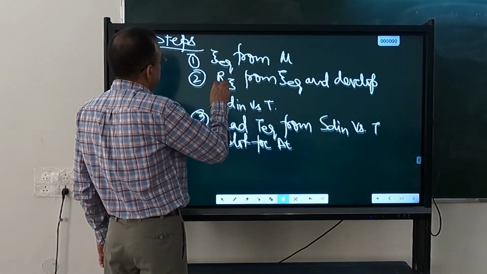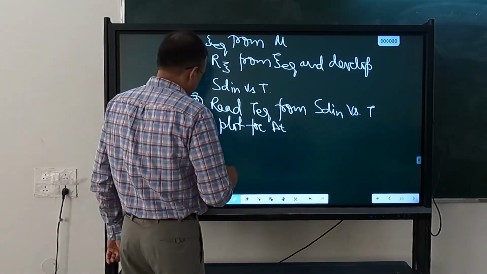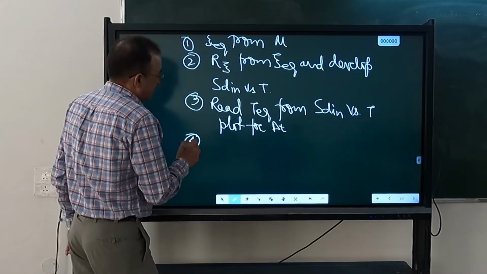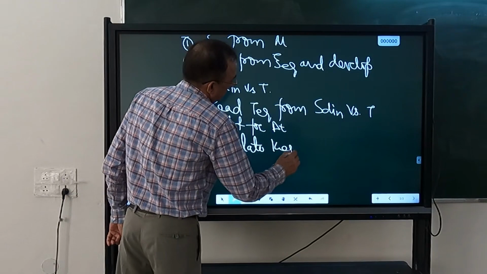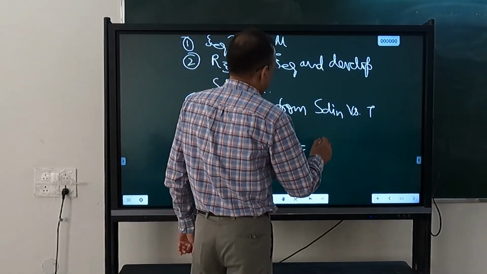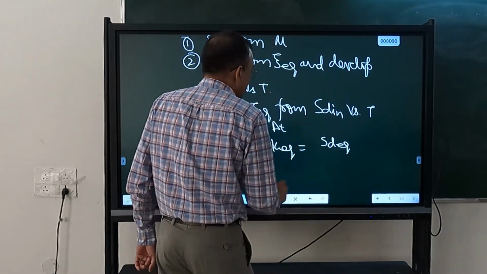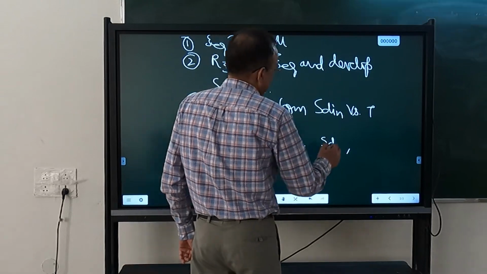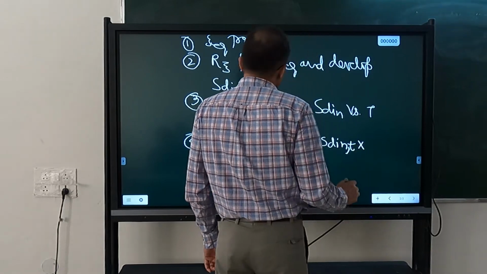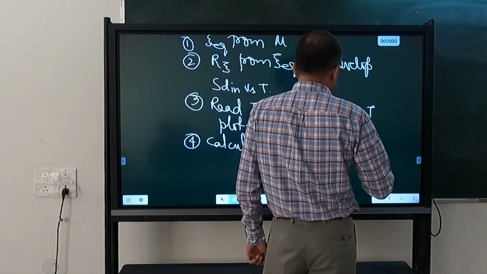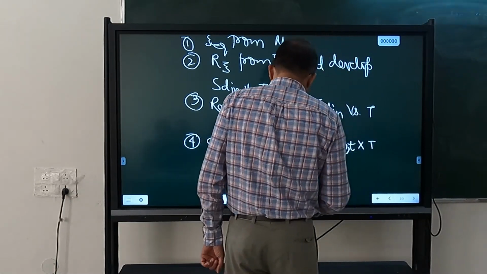Then once this T equivalent is known, you can calculate K equivalent as SD equivalent or SDT, SD inelastic corresponding to T, into SD by omega square, into 4 pi square.